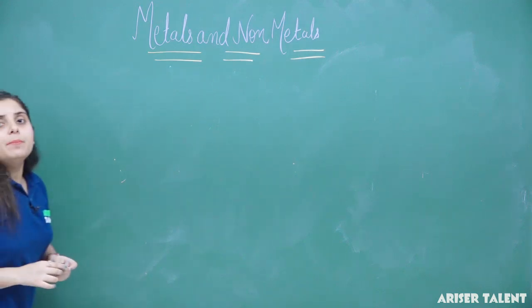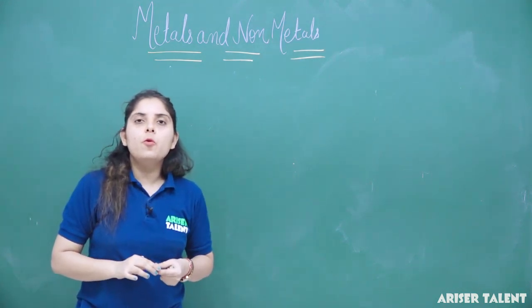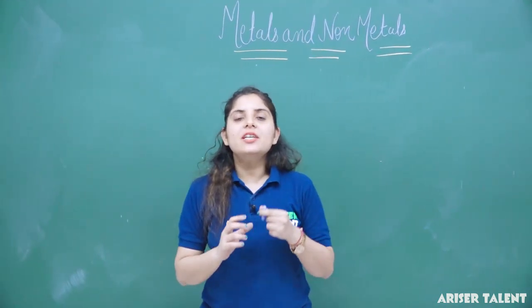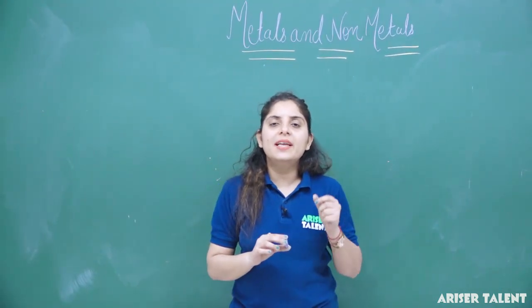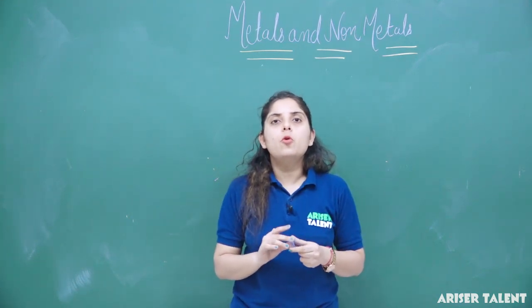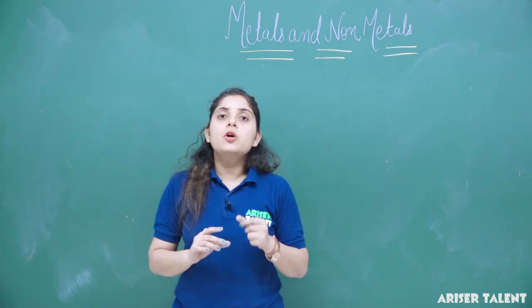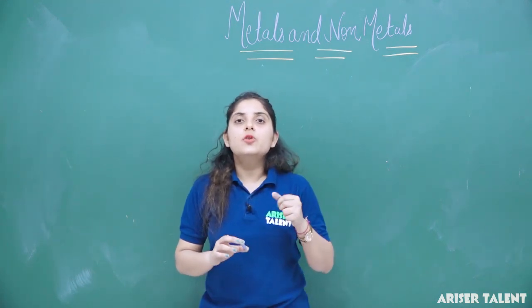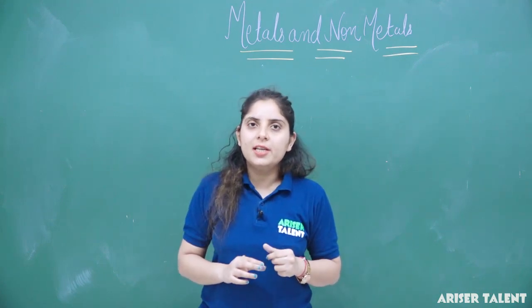Now, step number 2 after grinding and crushing of ore is known as concentration or enrichment of the ore. Concentration or enrichment of the ore basically means removing the gangue particles, that is impurities, that are present in the ore, because the presence of impurity will destroy the complete metal surface. So it is essential to remove the impurities from the metal.